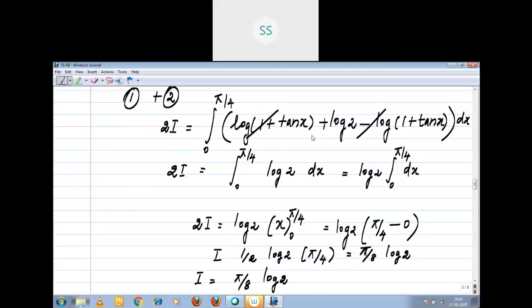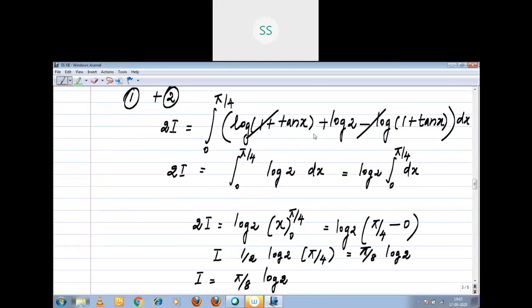Then I equal to 1 by 2 into log 2 into pi by 4, which is equal to 1 by 8, that is pi by 8 log 2, right? Pi by 8 log 2.